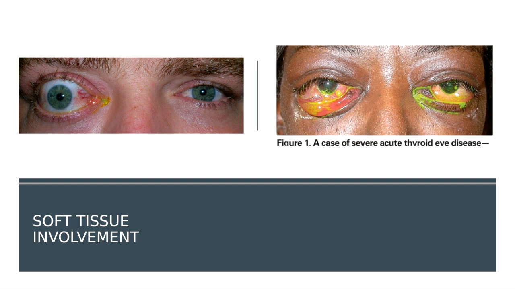Why would you want to stain the cornea for a patient with thyroid eye disease? Anybody? What would we be looking for? Abrasions.